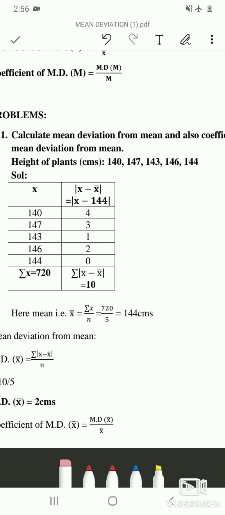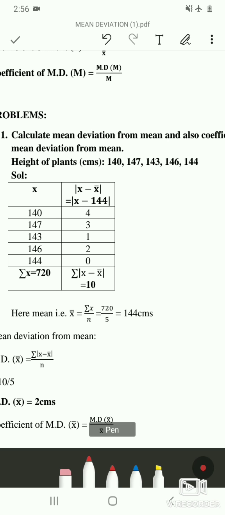Therefore 140 minus 144 is 4, and 147 minus 144 is 3, and 143 minus 144 is minus 1, but we are ignoring the sign. And 146 minus 144 is 2, and 144 minus 144 is 0.